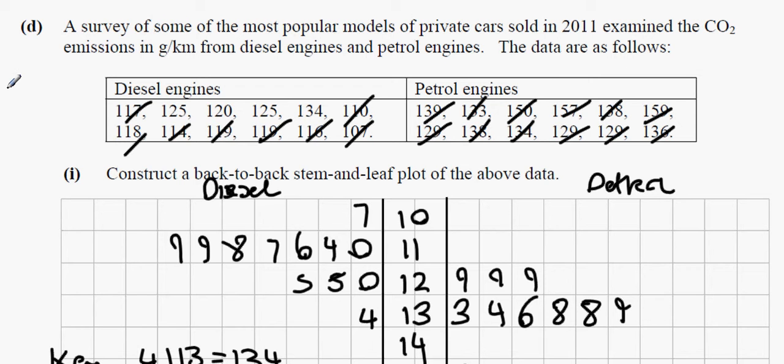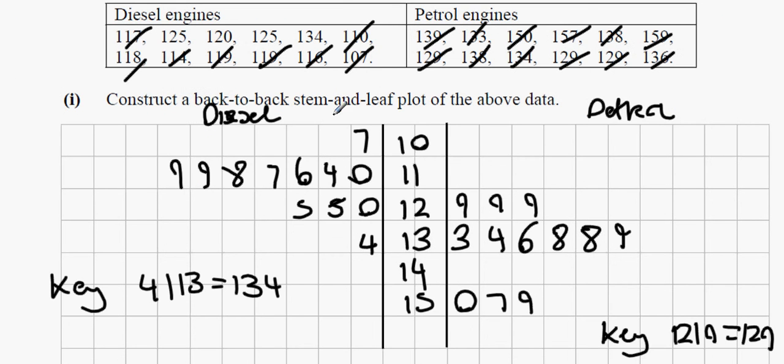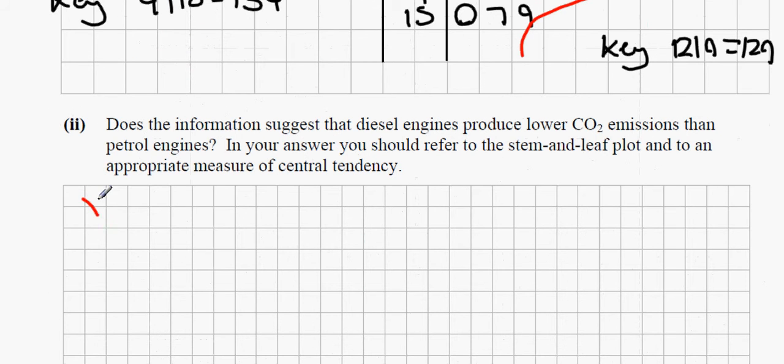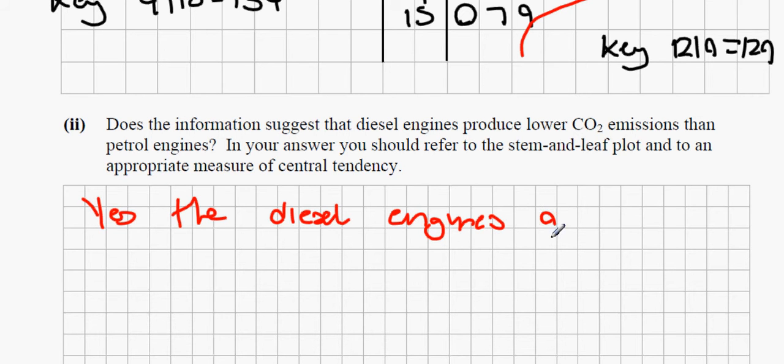We can obviously see that for the diesel cars, the tendency is around the central point of the 110s, so we can see that the diesel cars produce on average fewer grams of CO2 when compared to the petrol cars, which have a peak in the 130s. Okay, so what we can say is that yes, the diesel engines grouped at the top of the plot.